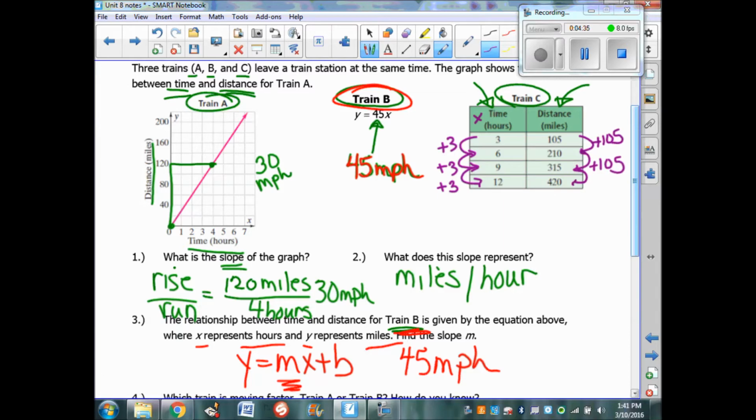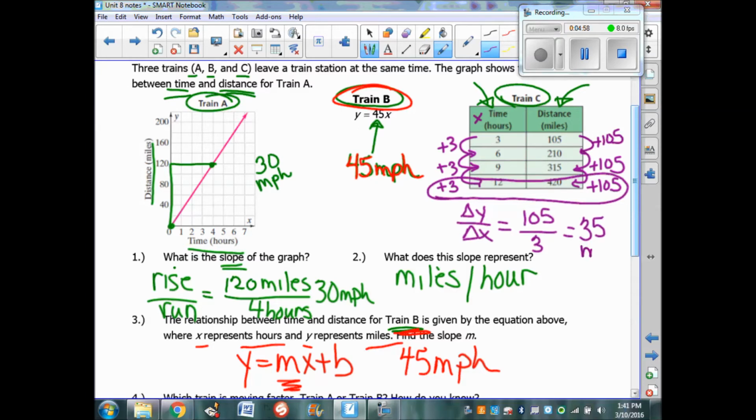And from 315 to 420, again, you're adding 105. So what is my rate of change for this? Remember, we have to have our change in our y over the change in the x. So that's 105 divided by 3, which gives us 35 miles per hour. Because remember, this is miles and this is hours.